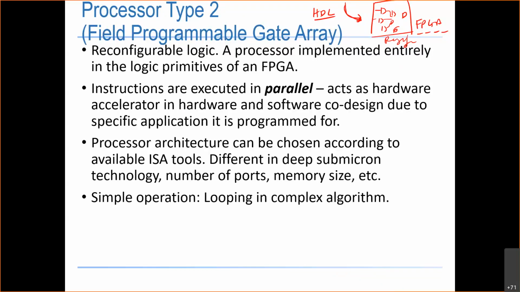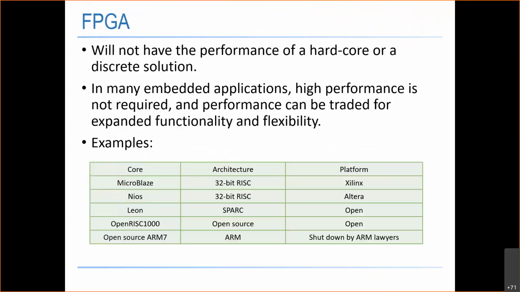All right. So some of the available FPGA CPU cores. You can see that the FPGA is the chip, with some pins and so on. You can always program the chip to become a CPU if that's what you want.